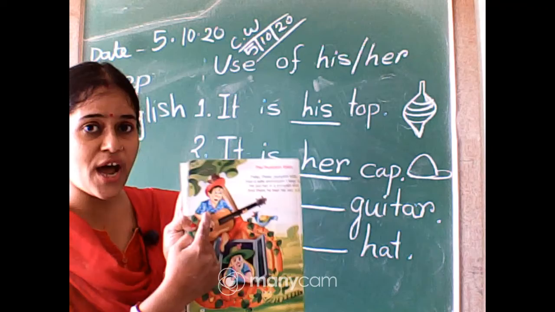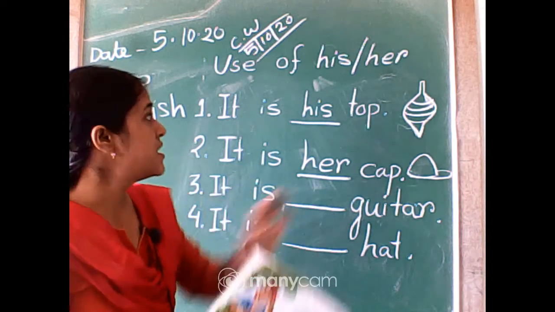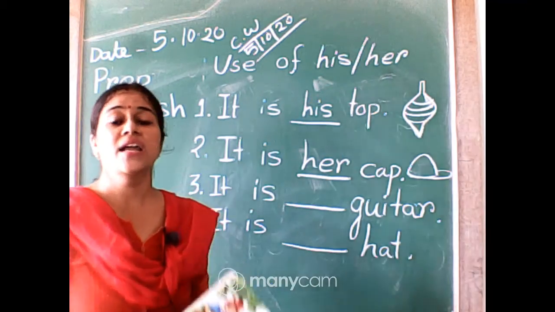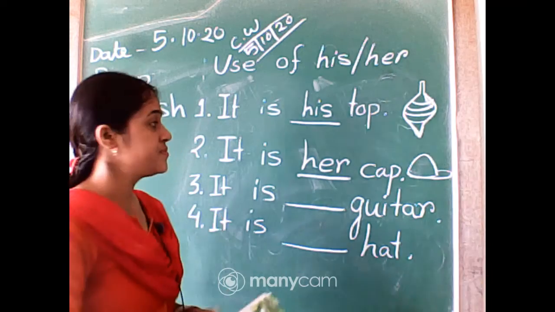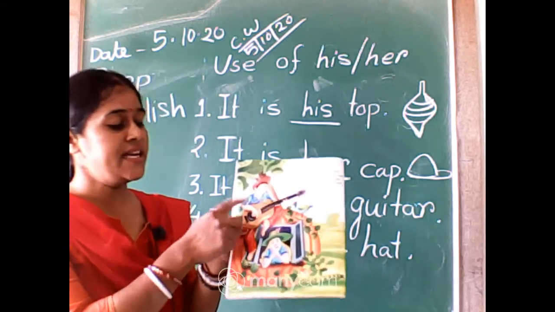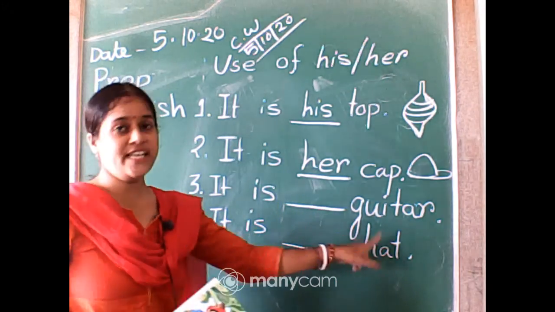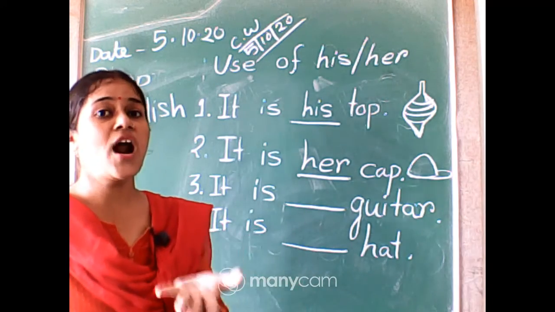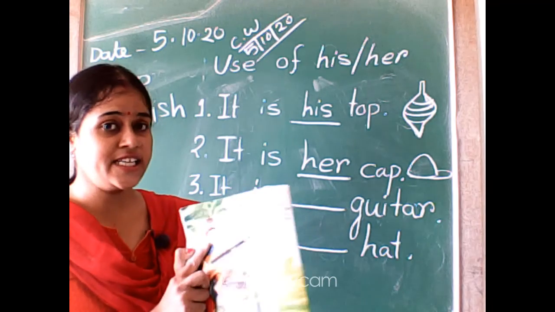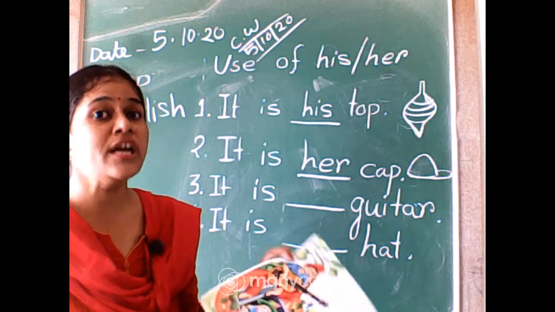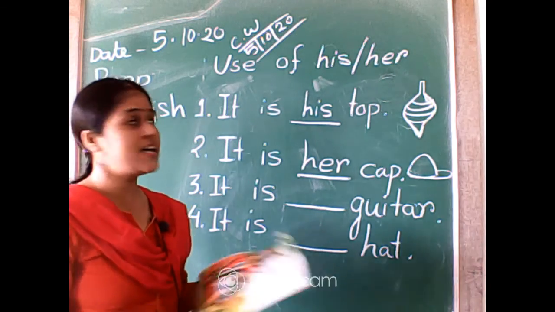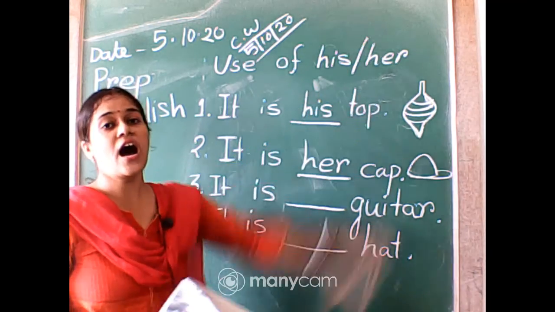Peter is a boy. We use his or her in place of boy. You must write, it is dash guitar. His guitar or her guitar? It is Peter's guitar. So what do we write in place of Peter? His or her.